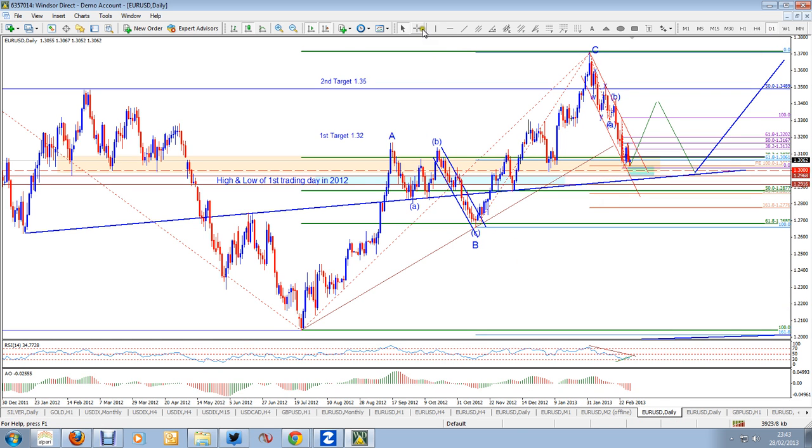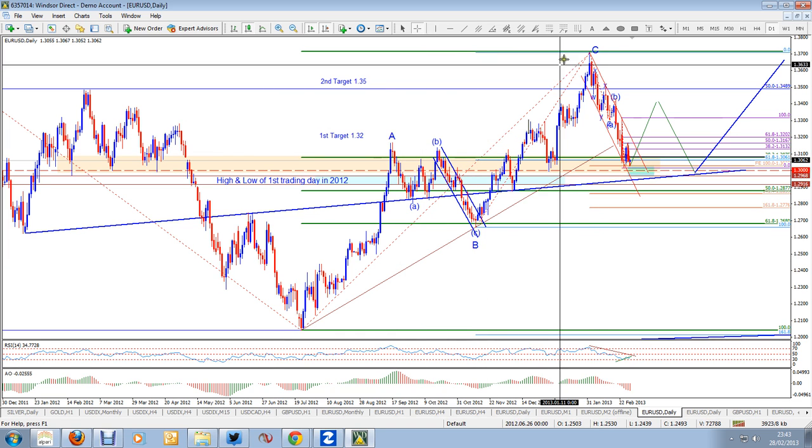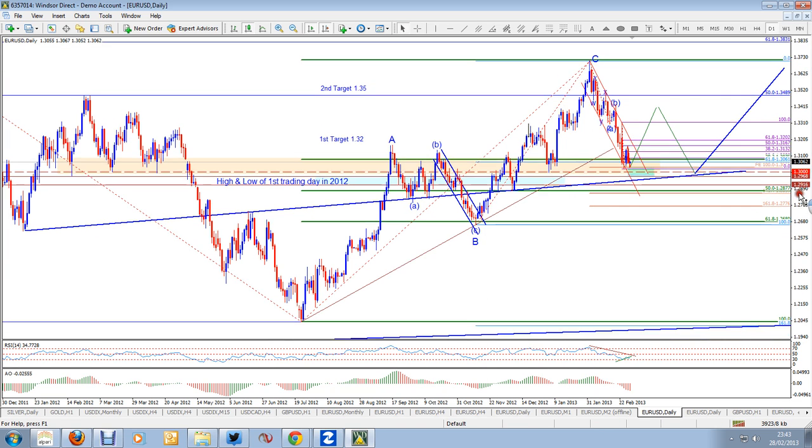And what we might then have, if you look at it daily, is we might have this large capital A, capital B and capital C. So that completed the big capital A in bracket.